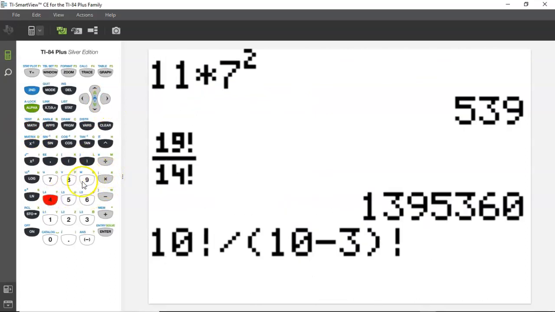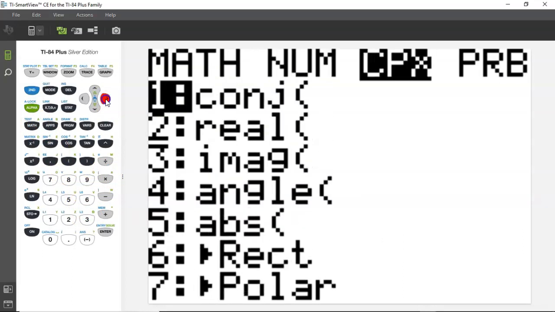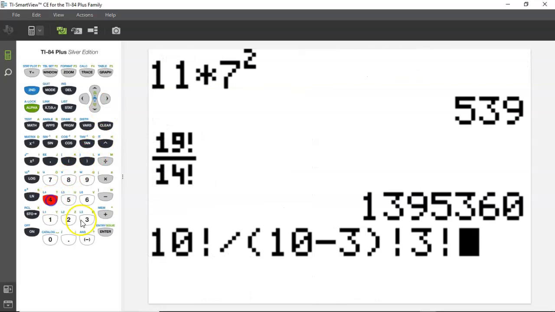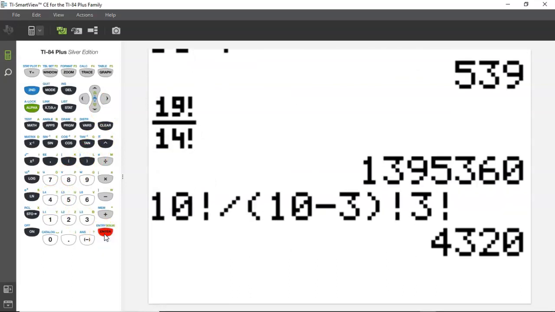And then you do times 3 factorial. It's going to give you not 120, because what it does, it takes 10 factorial, divides it by 7 factorial, figures out what that answer is, and then multiplies it by 3 factorial. So you'd have to group everything in the denominator in parentheses for it to give you the answer that you seek.